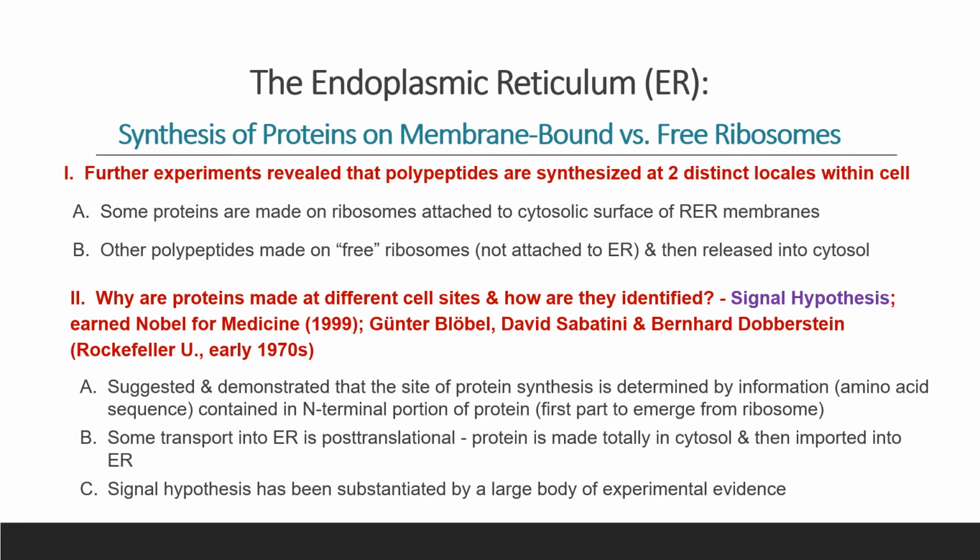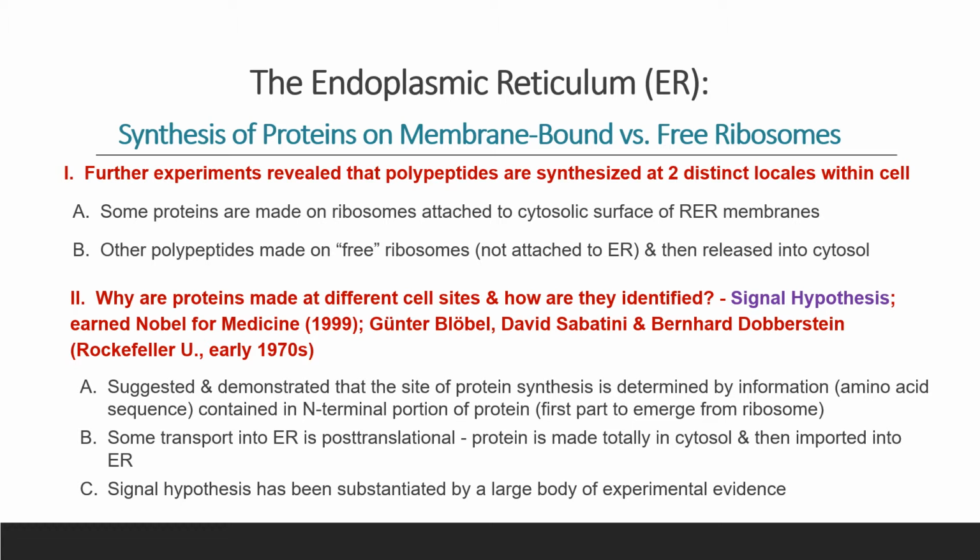This has been supported by the signal hypothesis, which earned the Nobel Prize in Medicine in 1999 for Gunter Blobel, based on work with David Sabatini and Bernard Dobberstein at Rockefeller University in the early 1970s. Their hypothesis suggested, and actually demonstrated, that the site of protein synthesis is determined by the information contained in the N-terminal portion of the protein.